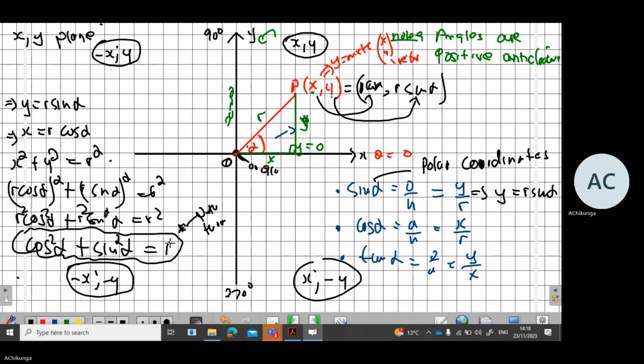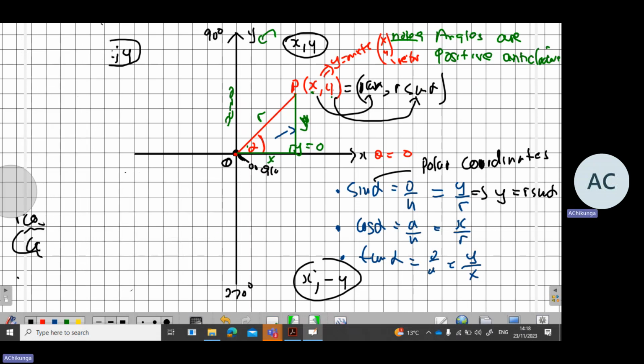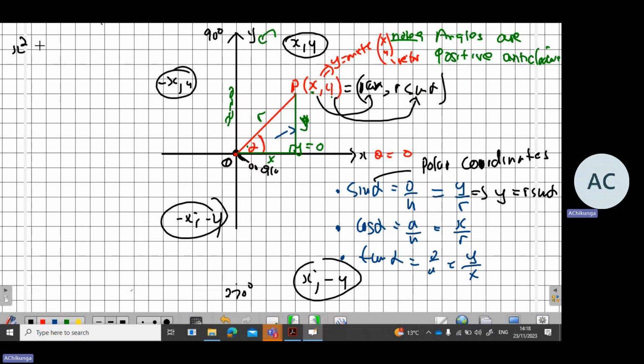So two theorems. This is minus x, minus y. I still need this. This is minus x and y. So x squared plus y squared is equal to r squared.